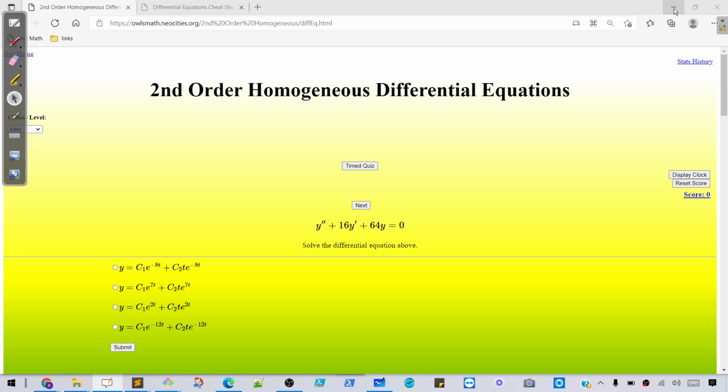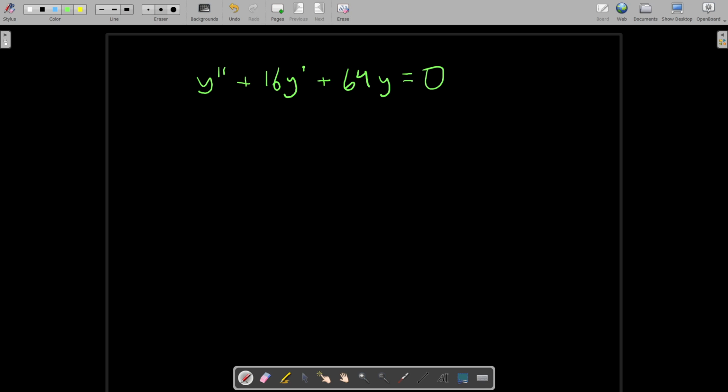In this problem, we have the second derivative of y plus 16 times the first derivative of y plus 64y equals 0. Okay, and we have the problem on the board. Our first step is to turn this into the characteristic polynomial equation, so we'll have r squared plus 16r plus 64 equals 0.